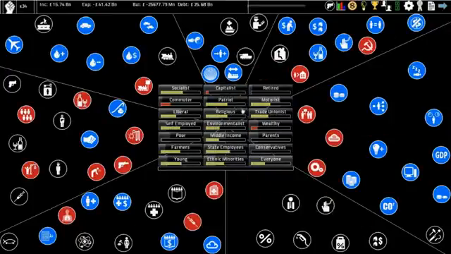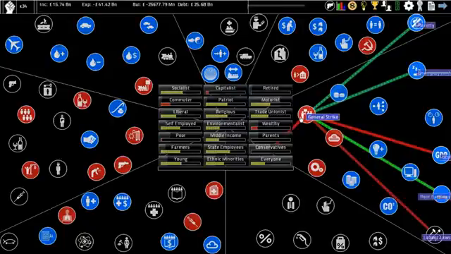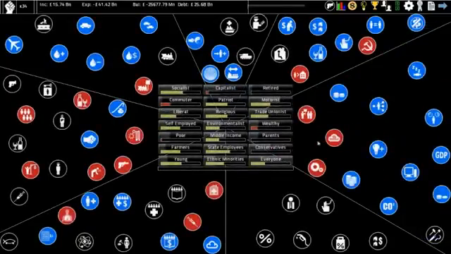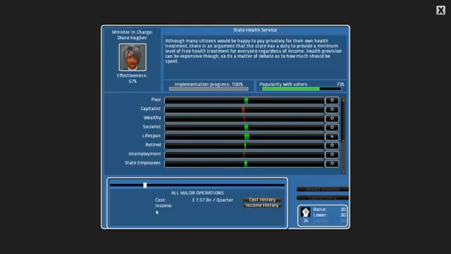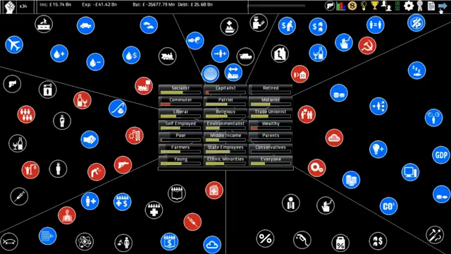Under the hood, a huge amount has changed. There's a lot more simulation values and some that you aren't going to see. But one of the major things is there's support for private provision of what in the previous game were public services. If I look here, this is the State Health Service, and that's pretty much as it would be.